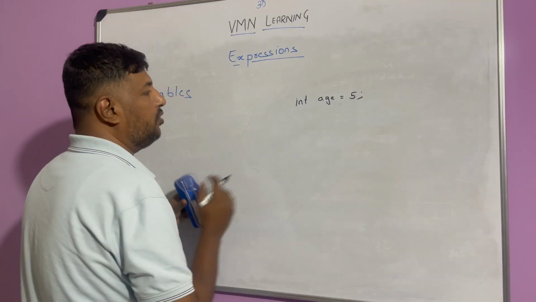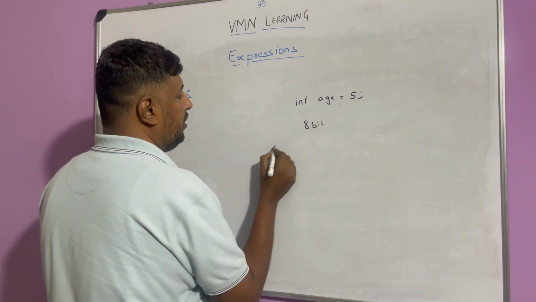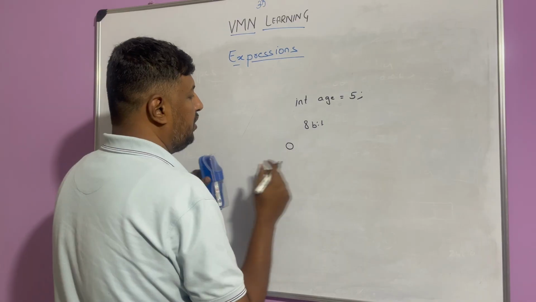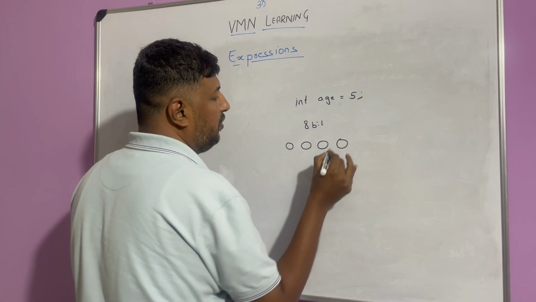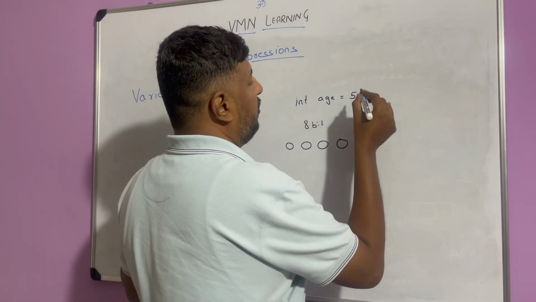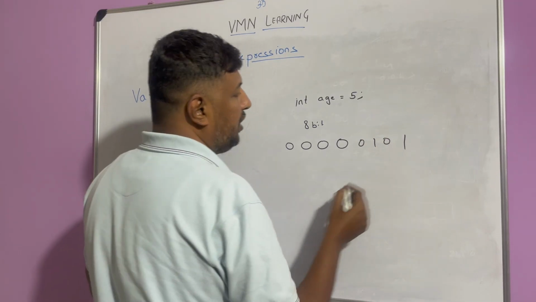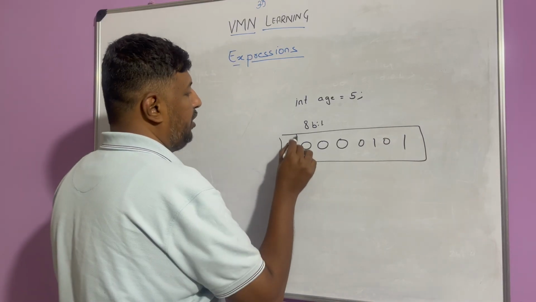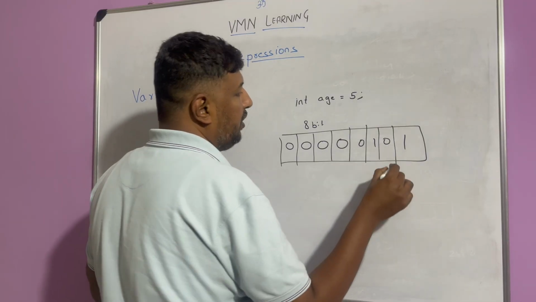Considering an 8-bit system, we have 8 bits. 5 is 0 0 0 0 0 1 0 1. This is how the 5 will be stored.